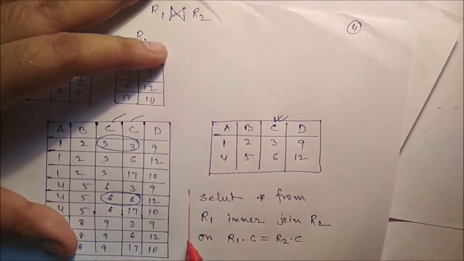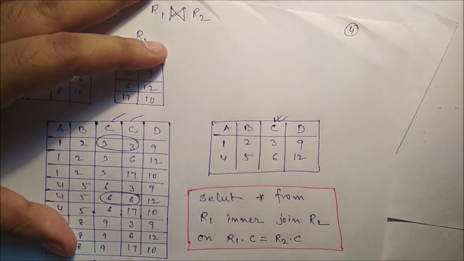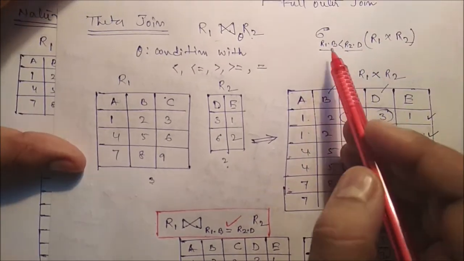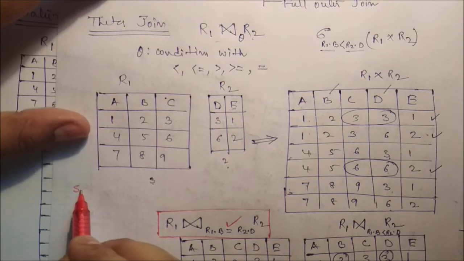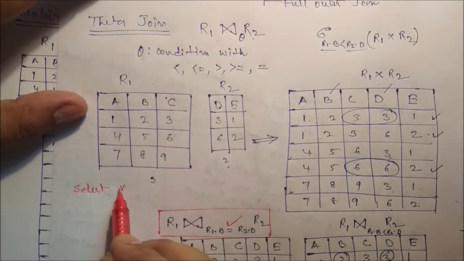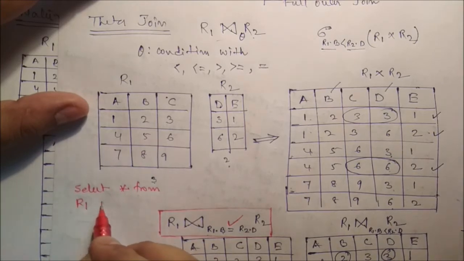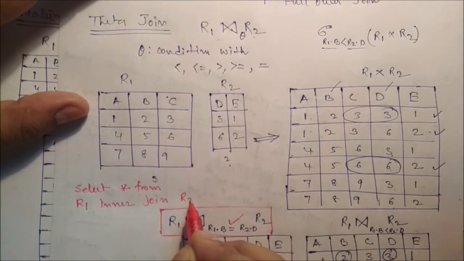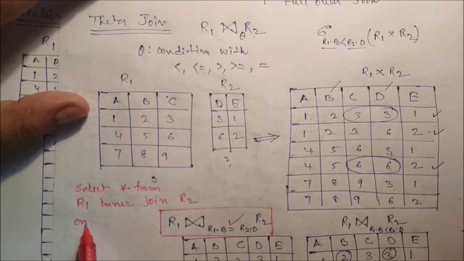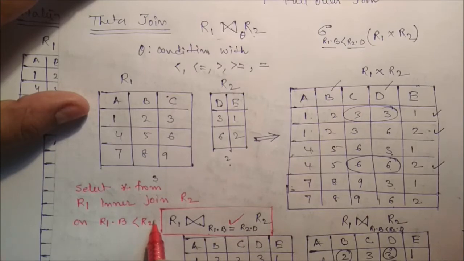This is the associated SQL command. Similarly, to implement the theta join, we can write: select asterisk from R1 inner join R2 on R1.B is less than R2.D.